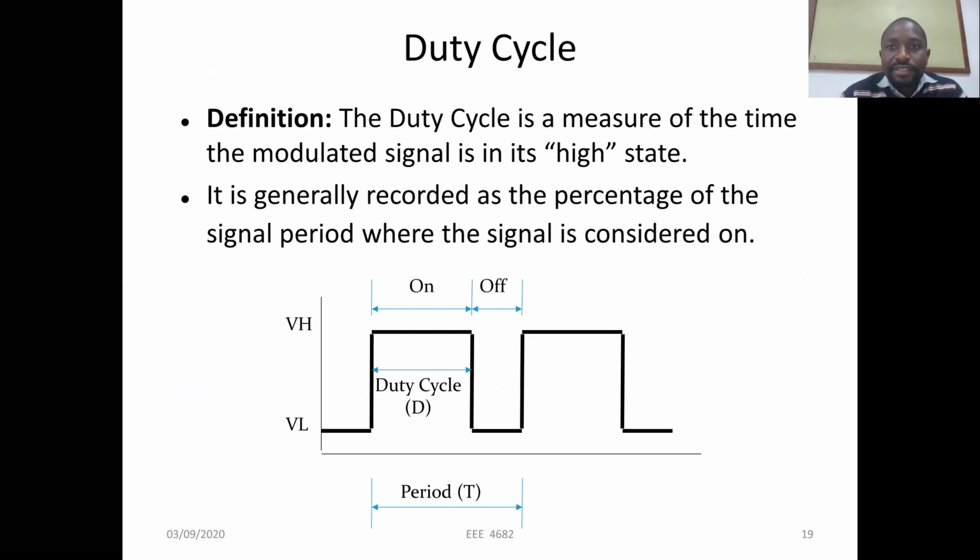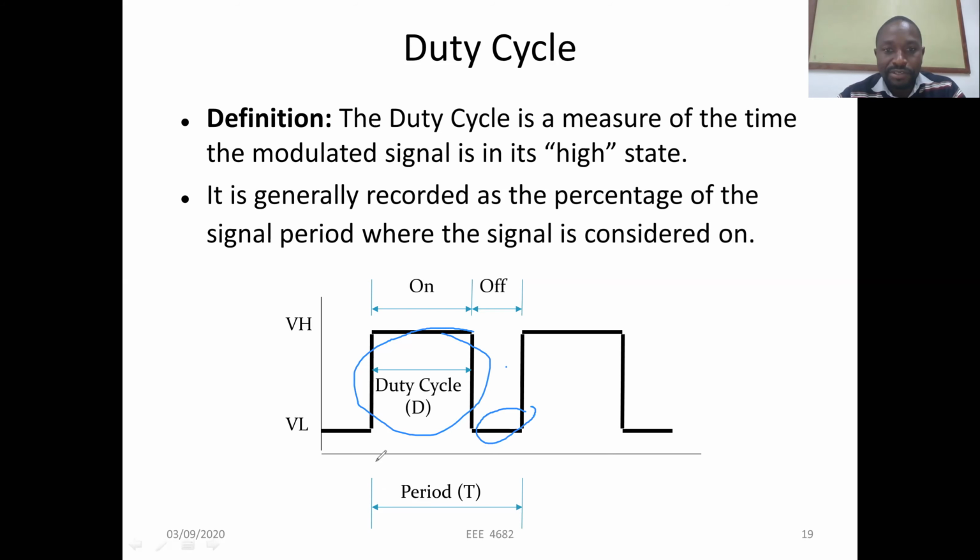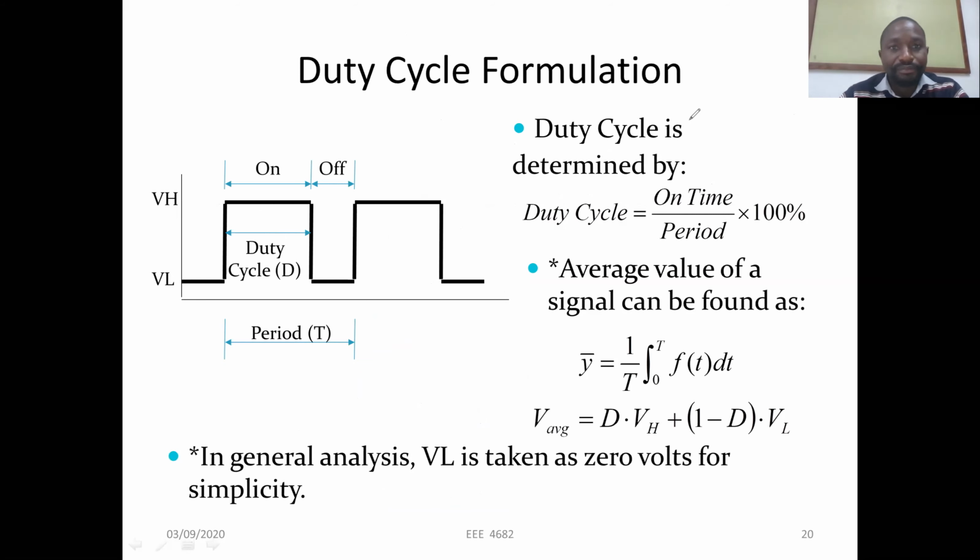So if you look at this signal here, we can calculate the duty cycle if we know the on period, and if we also know the off period, which is those points. Given that this signal has a period from this point up to that point, we can calculate the duty cycle mathematically, as shown in the next slide.